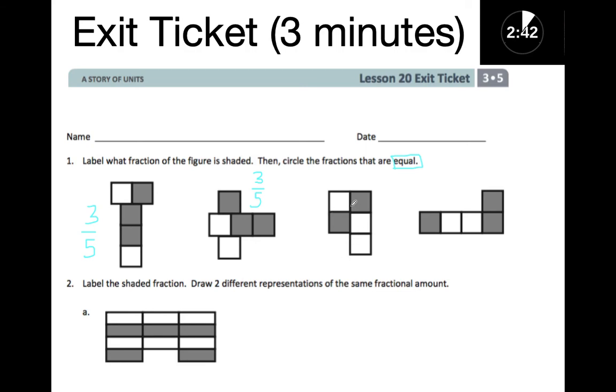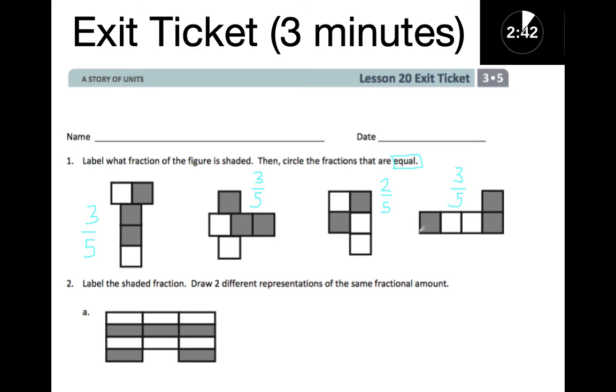They're still talking about fifths. And there are only 2 out of 5 shaded. Now, this last one, we have 1, 2, 3, 4, 5. And there are 3/5 shaded.